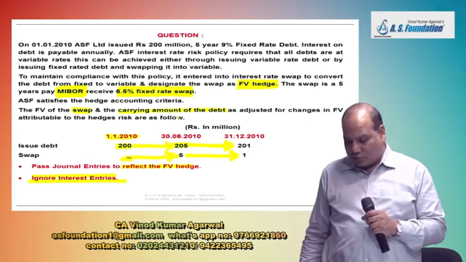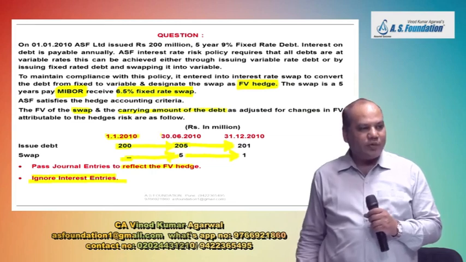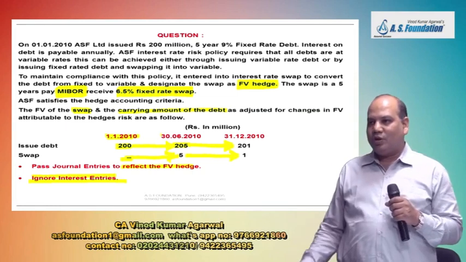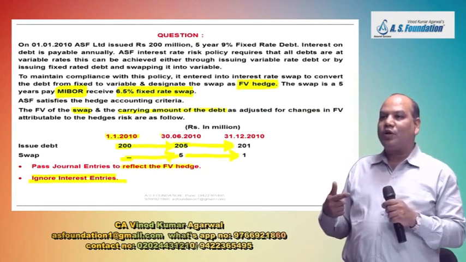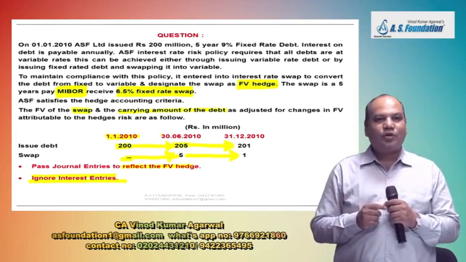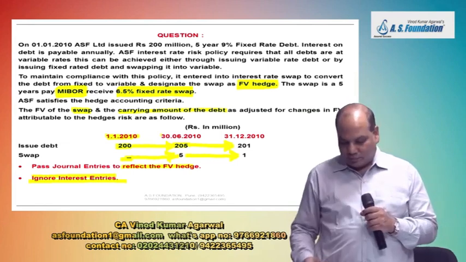You cannot do that calculation in this problem because MIBOR is not given on 1st January and 30th June. So even if you want to pass an entry for the interest differential, you can't do it because the MIBOR rate is not given to you. Okay.